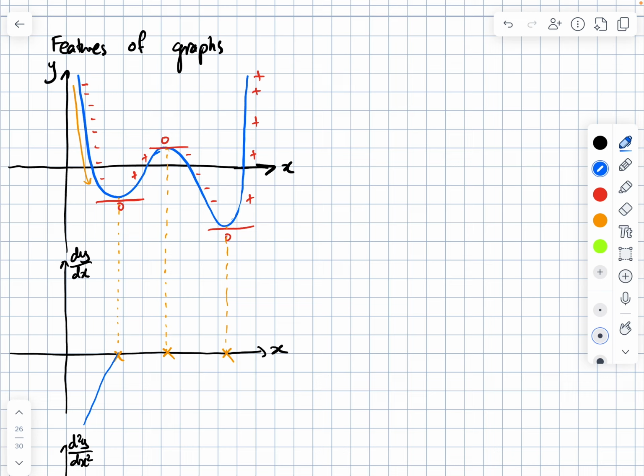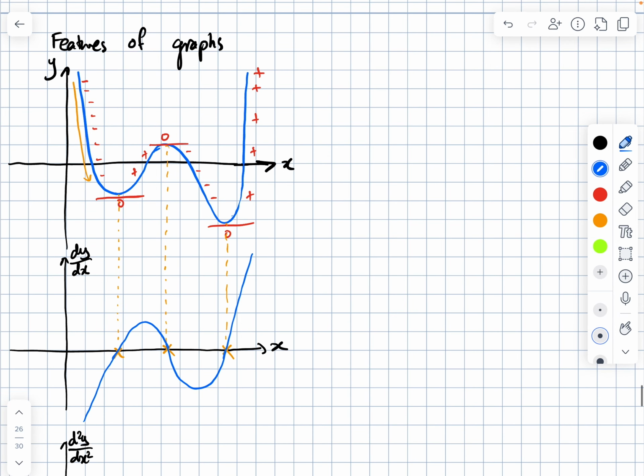Then the gradient becomes positive, but then it goes back to 0, so that must look like that. Then the gradient becomes negative again, but then comes back to 0 after that, so it goes negative and then must turn around, and then it's positive again, so it goes up like that. So we get a cubic, which is expected because when you differentiate x to the power 4, you do end up with x to the power 3.